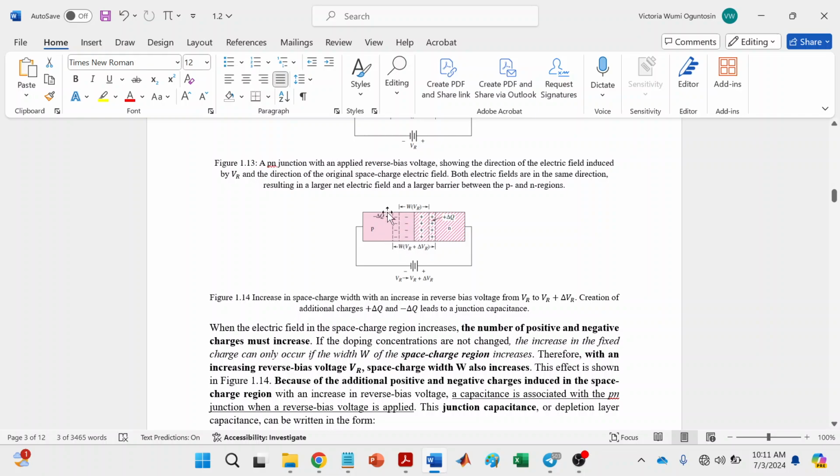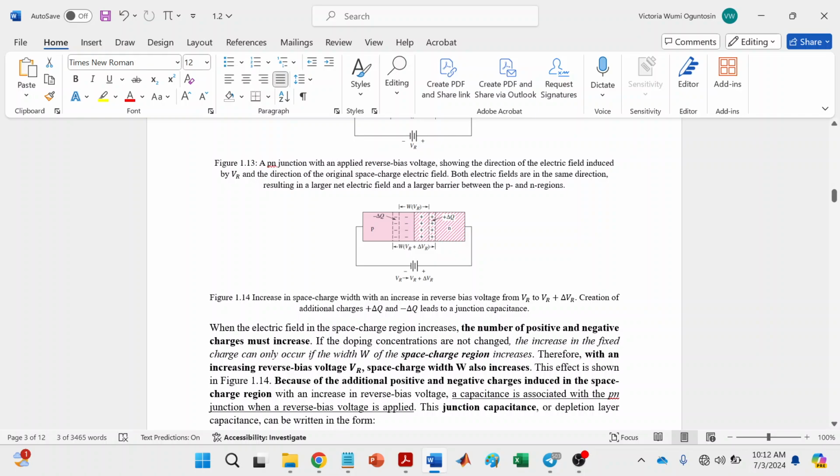So the charges have to increase, and since the doping concentration is constant, the increase in the charges is going to result in the space charge region width increasing. So as you can see here, the space charge region width has increased. So we can therefore say that with an increase in reverse bias voltage, the space charge width is also going to increase.